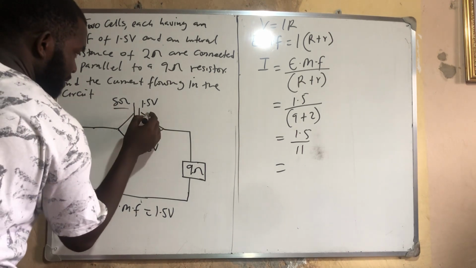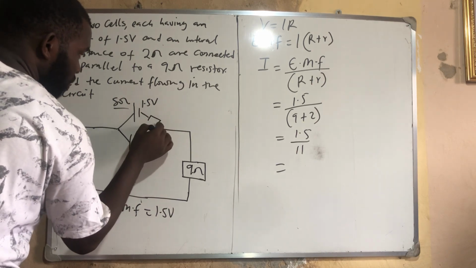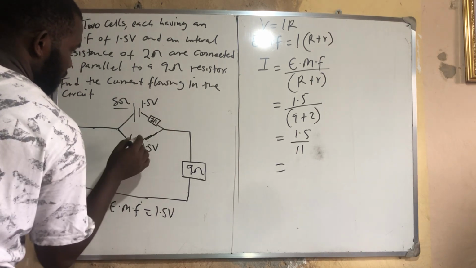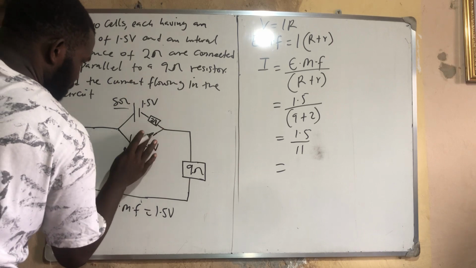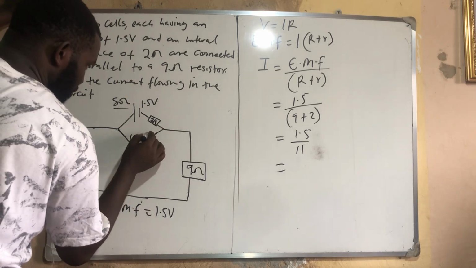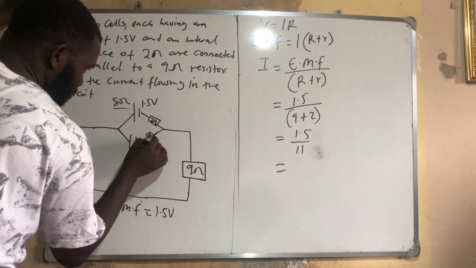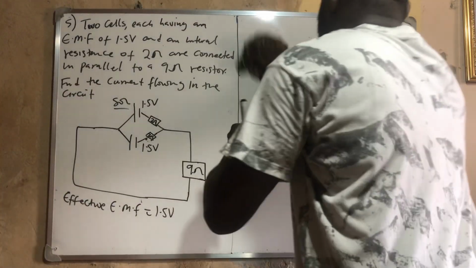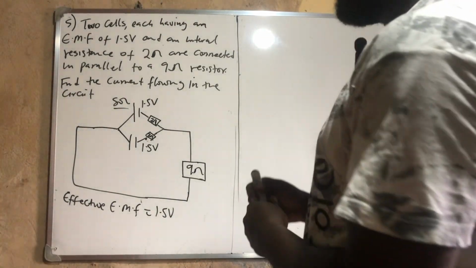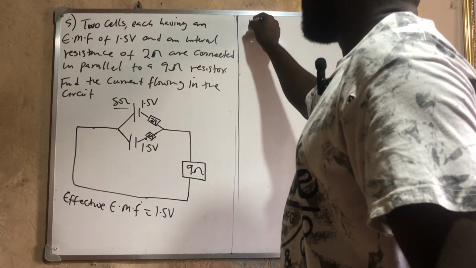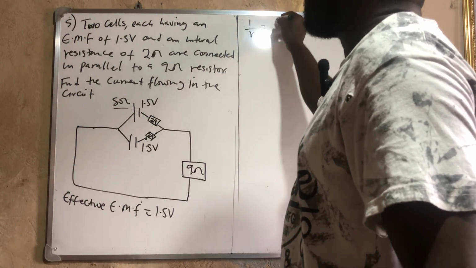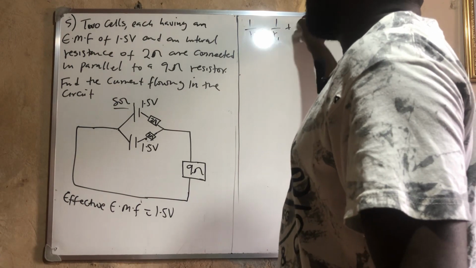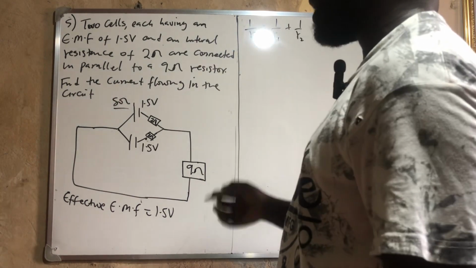Each of these has an internal resistor of 2 ohms, and they are connected in parallel. So you have to find their effective resistance. For r, 1 over r is equal to 1 over R1 plus 1 over R2 because it is a parallel connection.